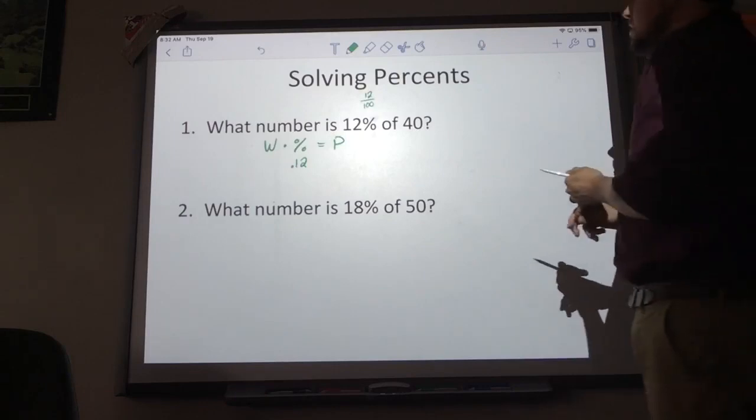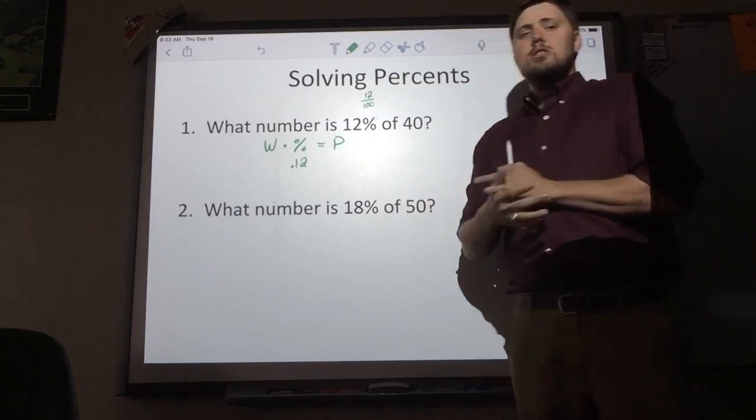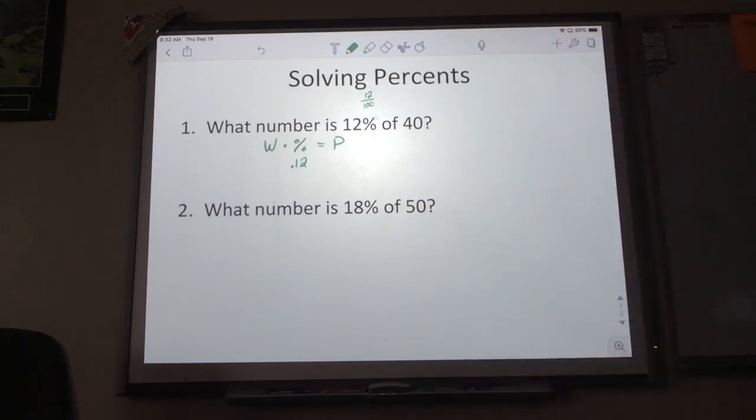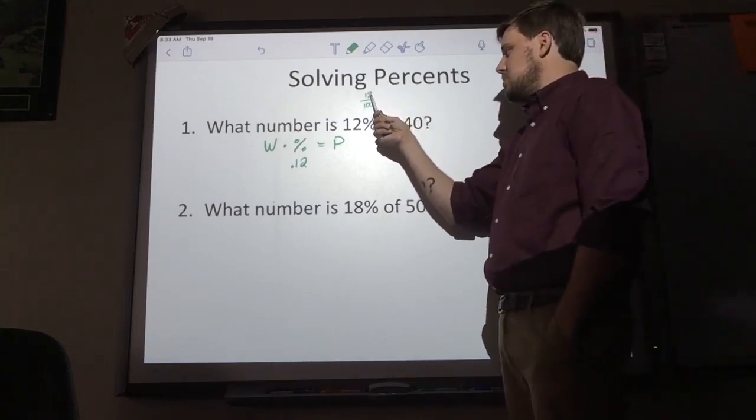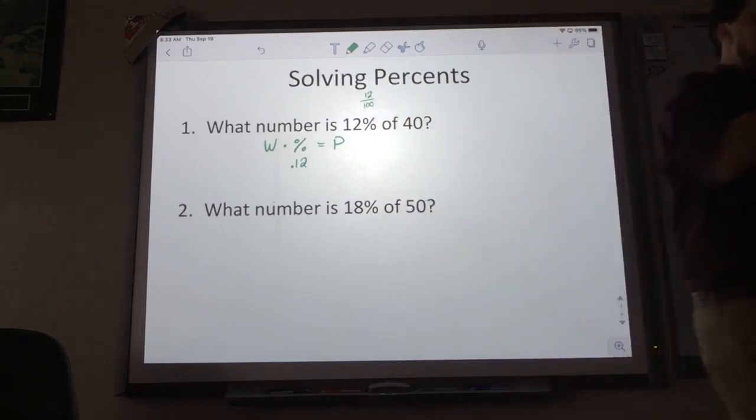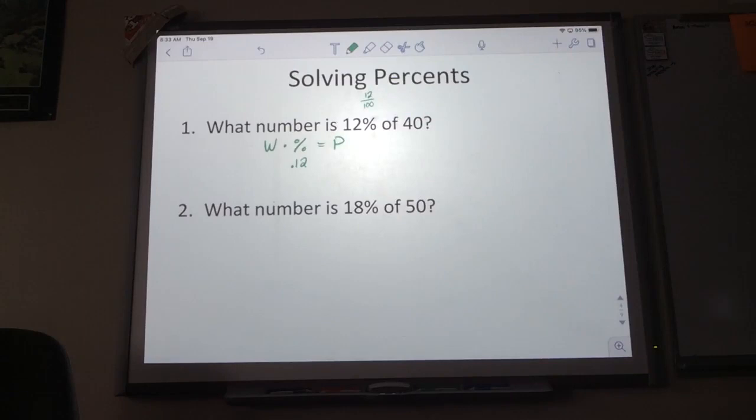On percent problems, you will always have a calculator, so I would always double check myself. Do the percent divided by 100. That's what percent means. If you're in science class with me, that's where centi comes from. Percent, so there is 100 of them. Percent means out of 100.